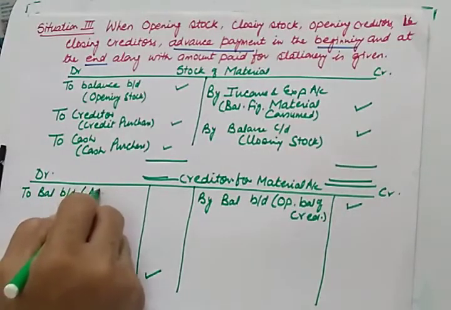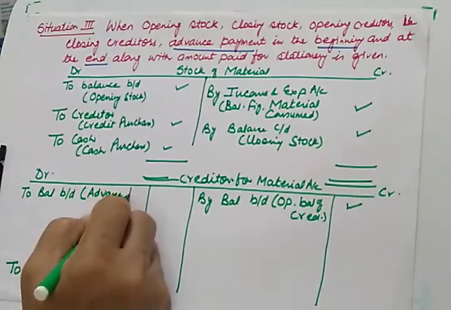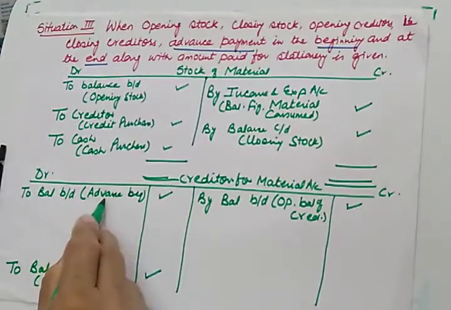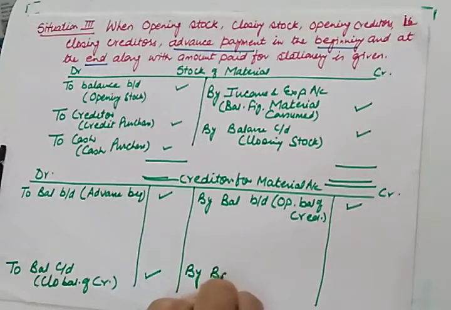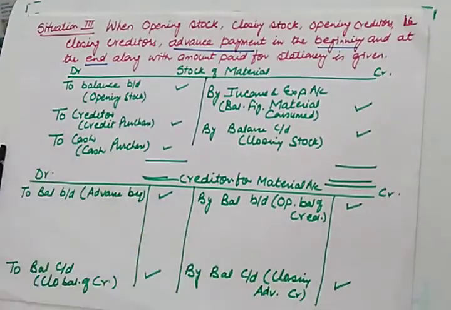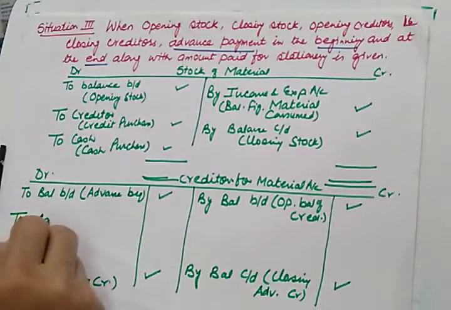So this is advance paid to the creditors in the beginning of the current year. And if opening advance is written here, then closing advance is written here by balance carried down. This is closing advance paid to creditors.